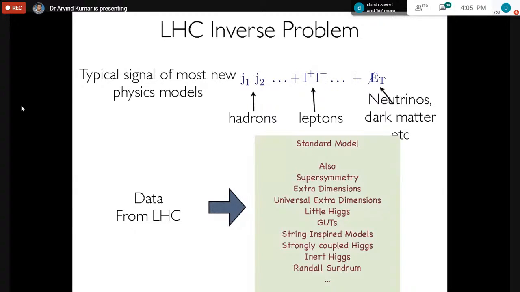But the main point is, at least it should match with the theory which we know very well, which works, which is the standard model. And if there is a discrepancy with the standard model, then you worry about the rest of the theories. So the first step is to see whether the standard model is right or not, in a typical collider process.